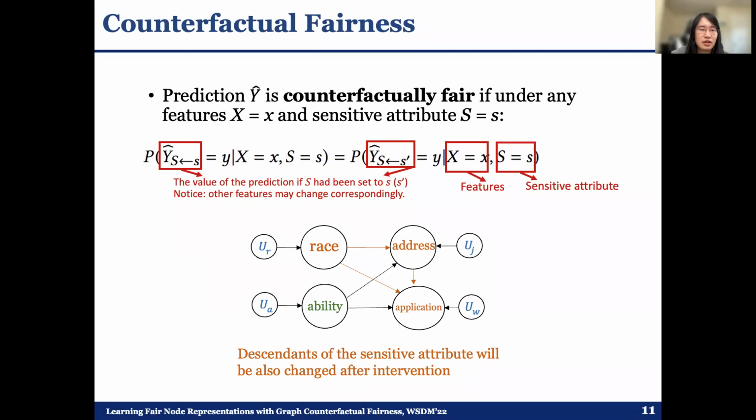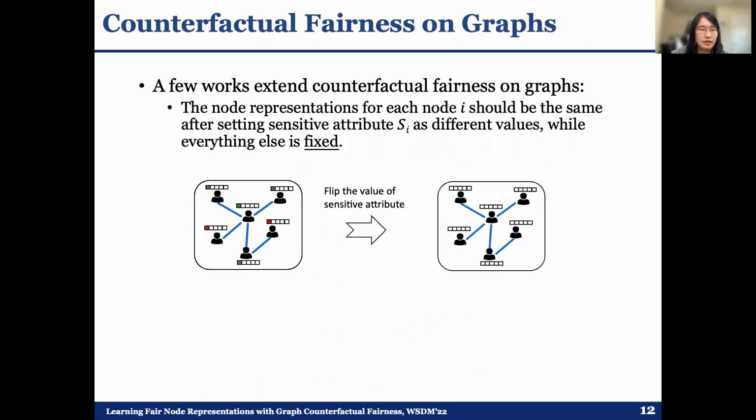But after this process, the prediction for the same individual should remain the same to achieve counterfactual fairness. This is the definition of it.